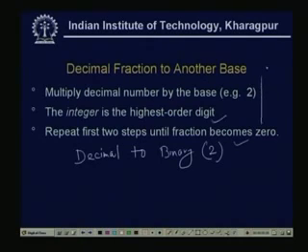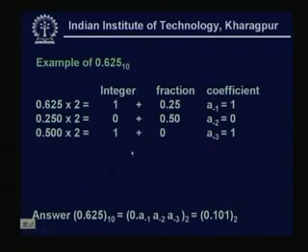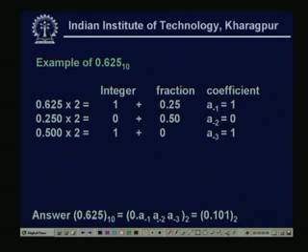So, this is my general rule of converting decimal fractions to any other number system, either binary, octal or hexadecimal. See one example first. So, now I am taking 0.625. This is in our decimal number system.